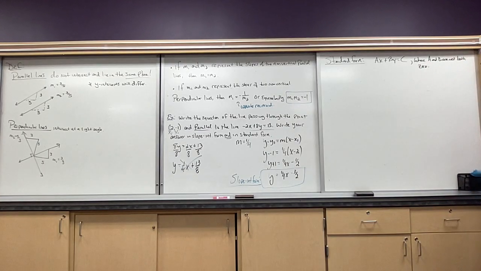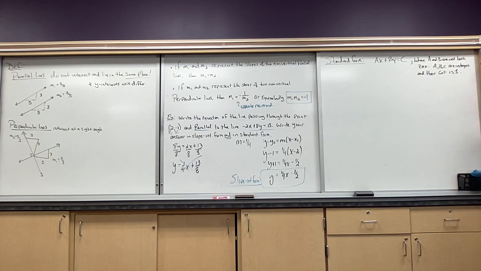Here's another fact: a, b, and c are integers, and their GCF is 1. That's critical. Man, I cannot spell. Good thing I'm a math teacher. Okay, their GCF is 1.